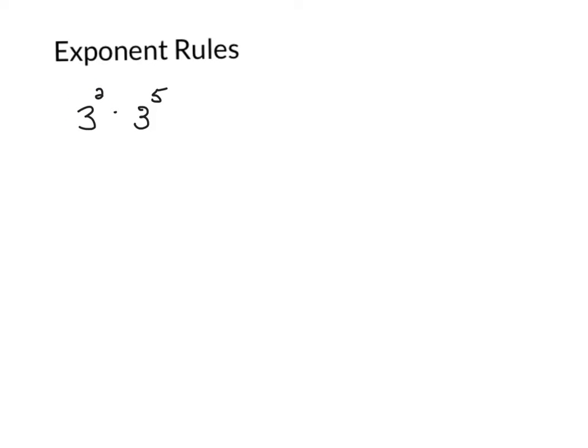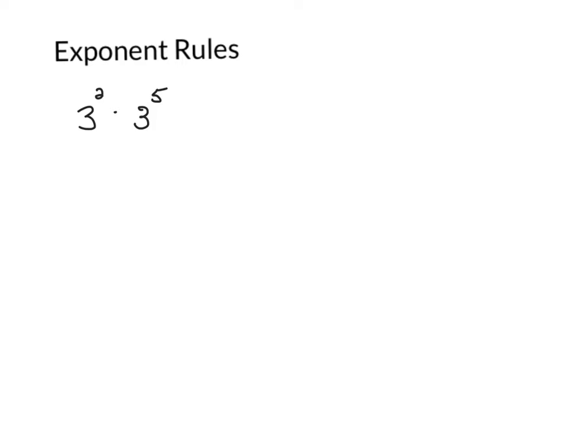So this one has a 2 on it, and this one has a 5 on it. And the question I have is, well, how does this 5 interact with this 2? Can I combine them some way? And depending on how we're combining our numbers, so we're multiplying these two numbers here, that gives us a rule. So based on how we're going to combine our numbers, we'll get different rules.